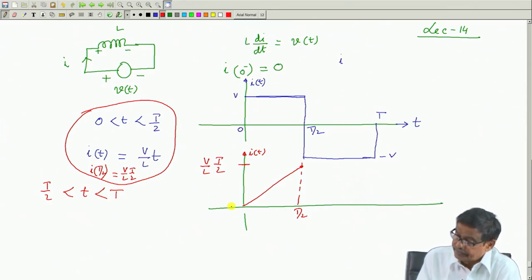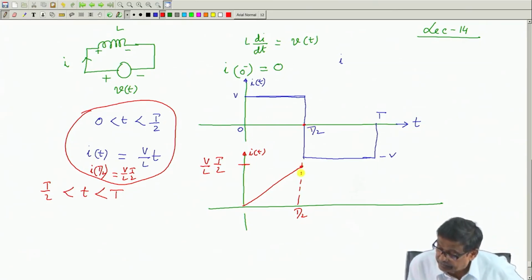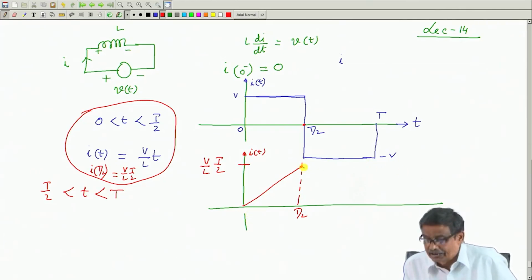So, at t equal to T by 2, the inductor had some initial current of this magnitude, and you have done as if some switching, so that it has become a negative voltage. But current cannot change instantaneously, it will maintain this current at t equal to T by 2 plus as well, and from there only it will start.